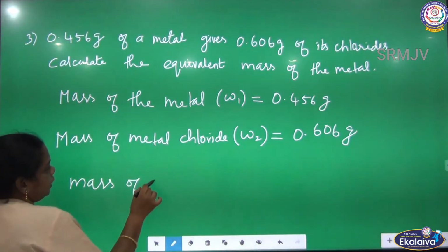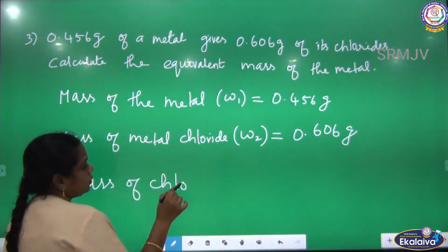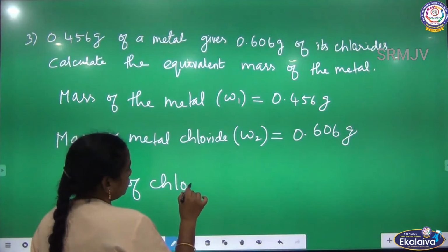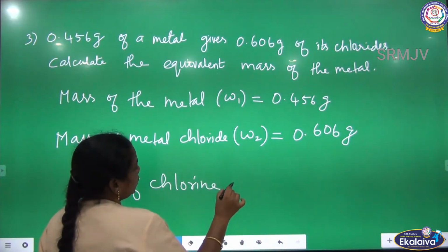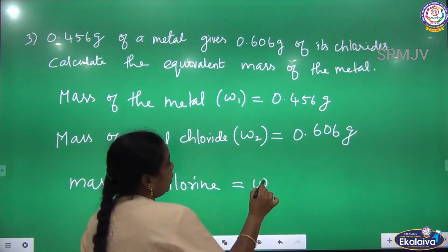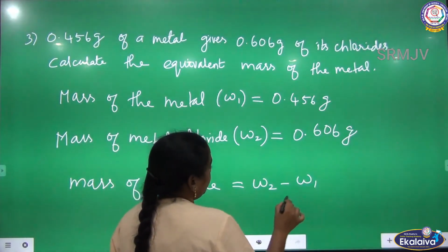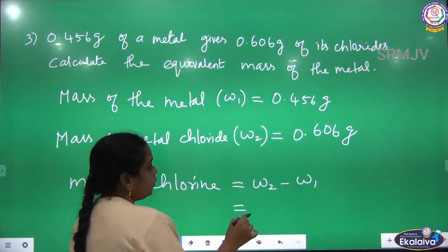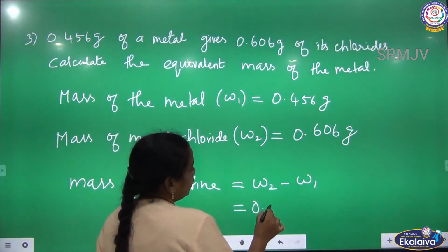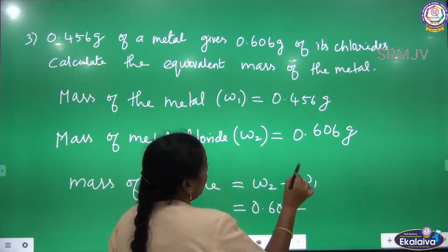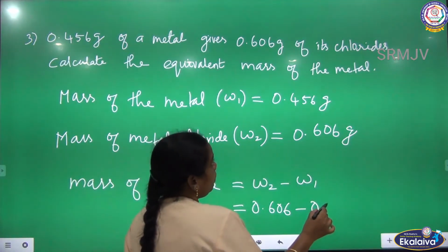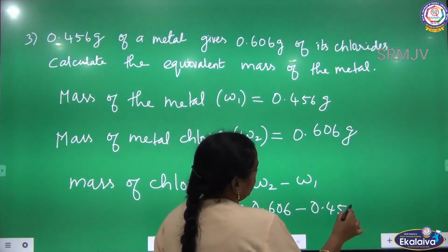Now, mass of the chlorine equals W2 minus W1. So, what is the W2 value? 0.606 minus W1, 0.456.